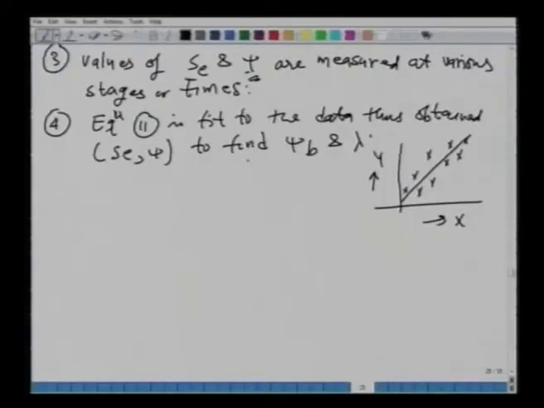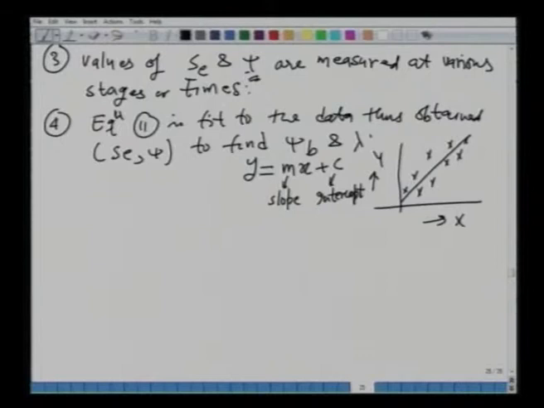What are those parameters? The equation of the line is y is equal to mx plus c, as you all know, and the parameters are m and c. What is m? M is the slope of the line and c is the intercept. Okay.